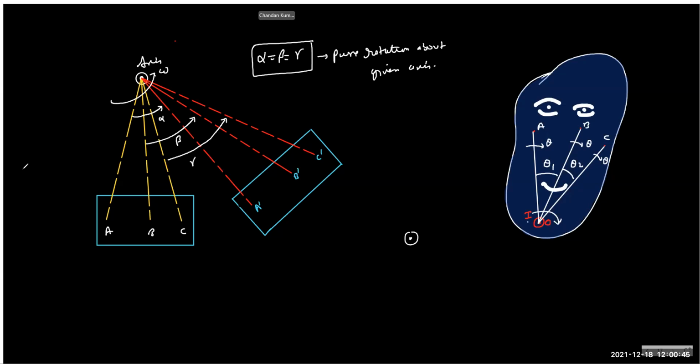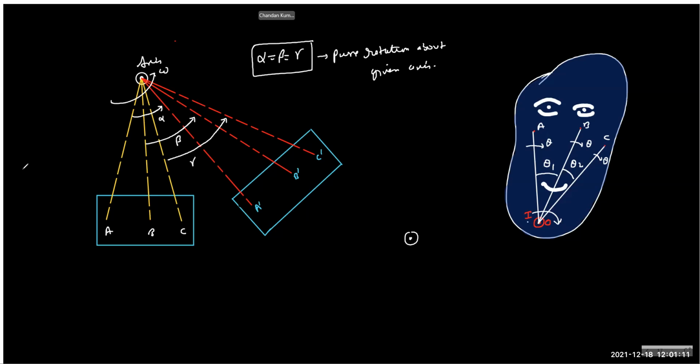We can just deal with the angular kinematics or angular dynamics, and we are done with the problem. We need not go back to the center of mass, what it is doing or not doing. I need not bother about the translation part. That is the benefit we are looking for, and that is the sole intention in defining such motion.